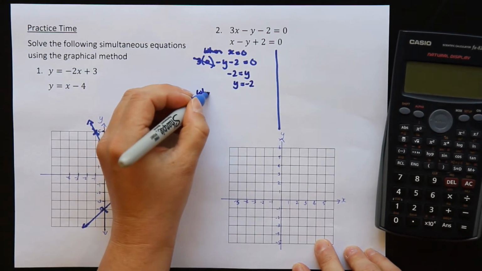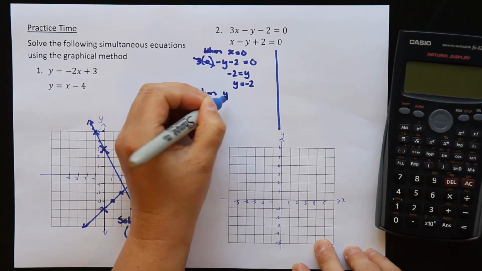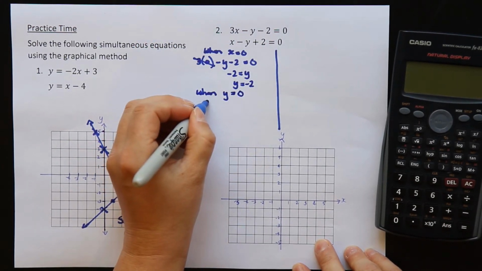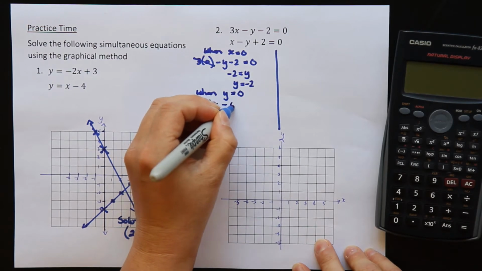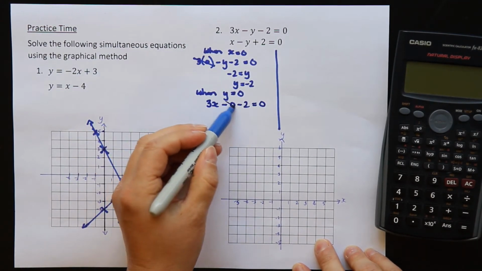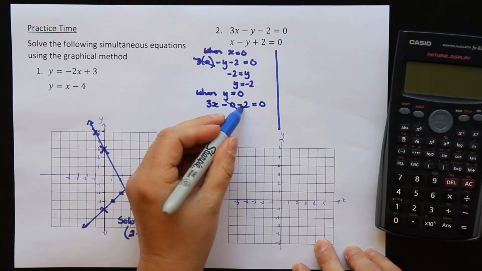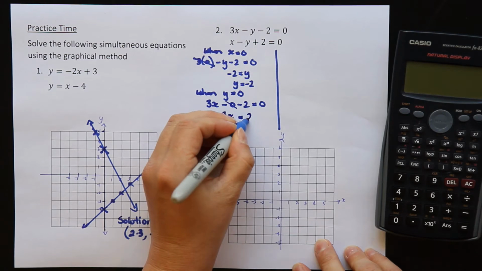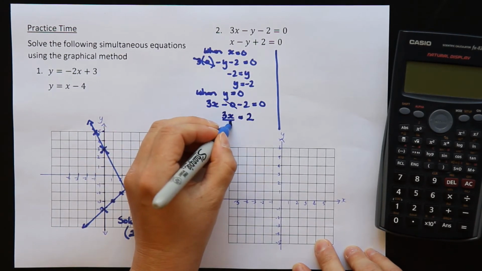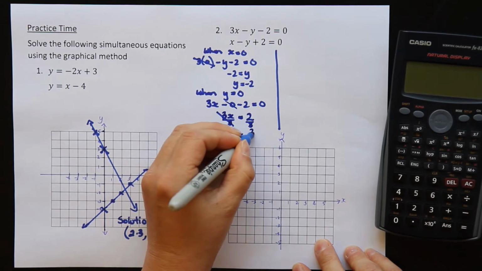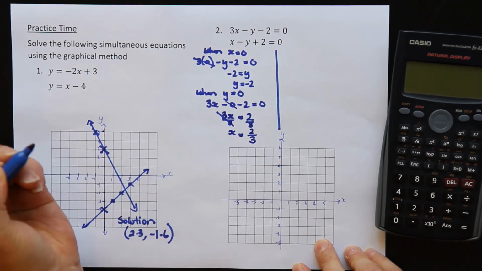Then let's substitute in when y is equal to 0. That would be 3x minus 0 minus 2 equals 0. 0 doesn't do anything. Let's move the 2 across. 3x equals a positive 2. Then we need to divide by the 3. So x is equal to 2/3.